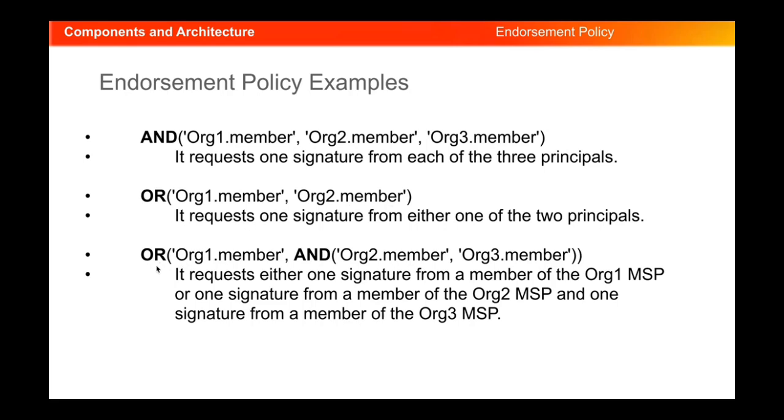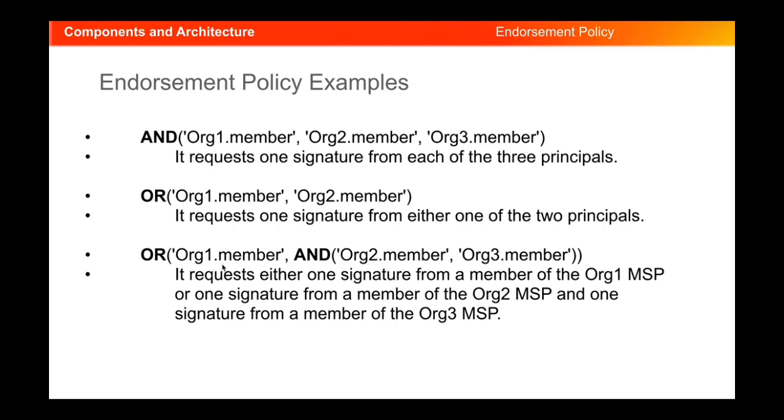So again, one more example, OR arg1.member, and this is what we have talked about, which is the nested expression. It requests either one signature from a member of organization 1 MSP, which is this part of the expression, or one signature from a member of arg2 MSP, and because it is AND, one signature from a member of arg3 MSP.